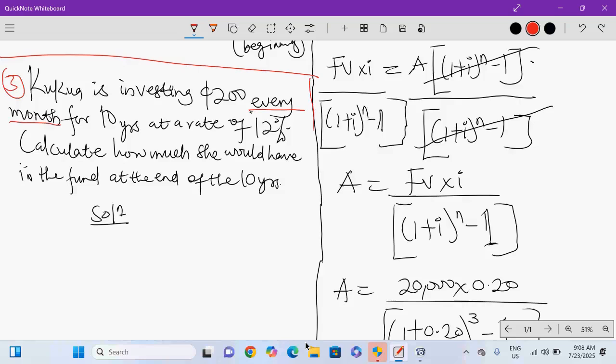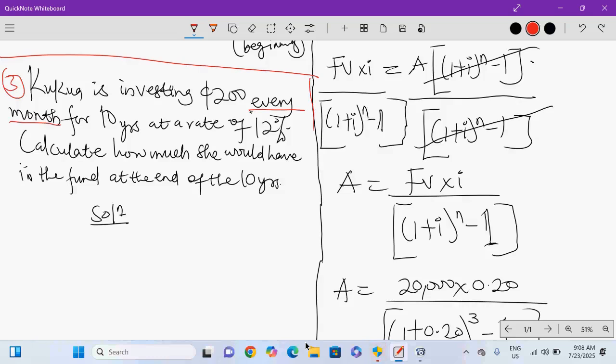Once it changes from 200 cedis to, let's say, 300 cedis, it ceases to be an annuity, right? Because in an annuity, the cash flow is constant.